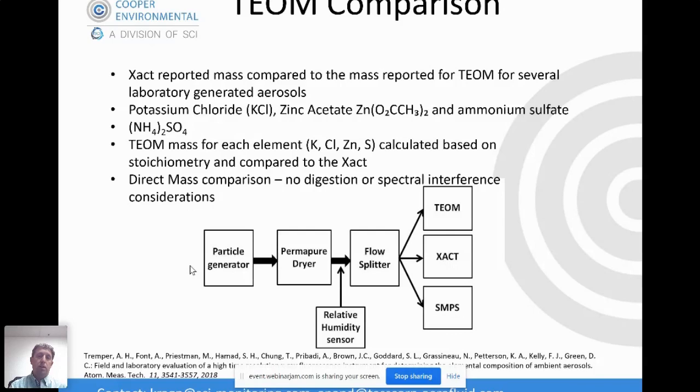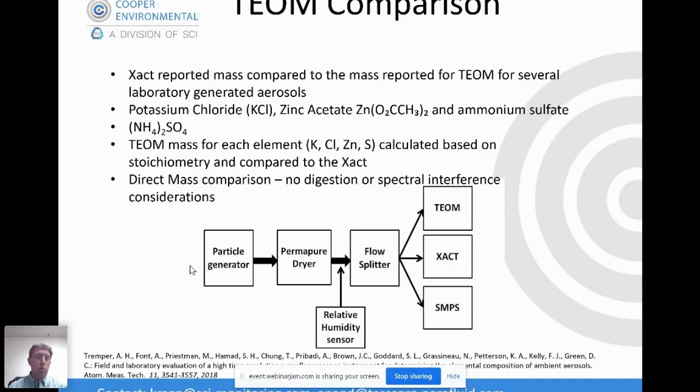And what they did is they measured the TEOM mass and then calculated what the mass would be for potassium, chloride, zinc, and sulfur based on the stoichiometry of the elements that they were nebulizing, and then compared that value against the Xact. What's interesting about this is it's effectively a direct mass comparison between the Xact and a reference method, and there's no spectroscopy involved.